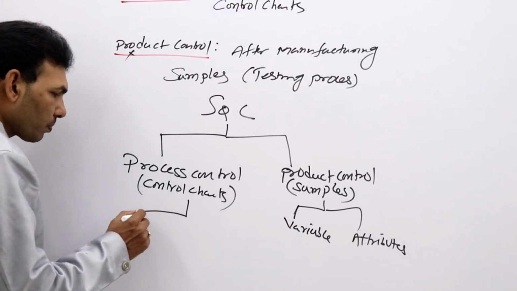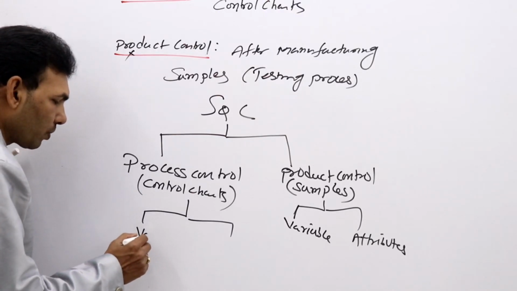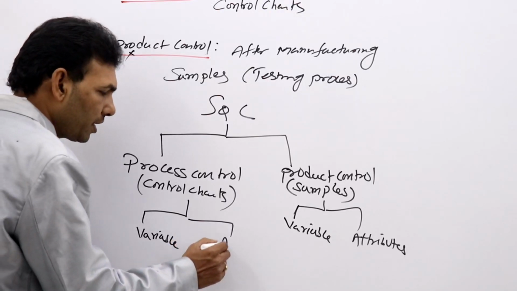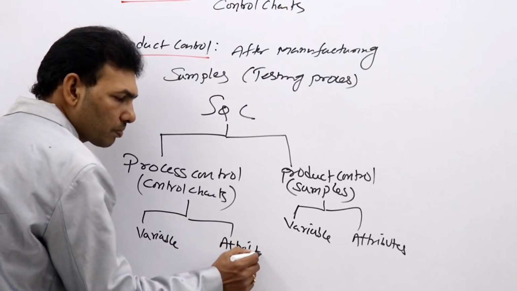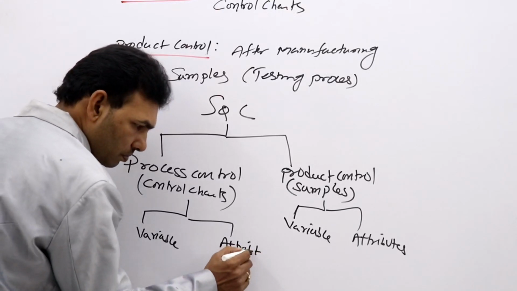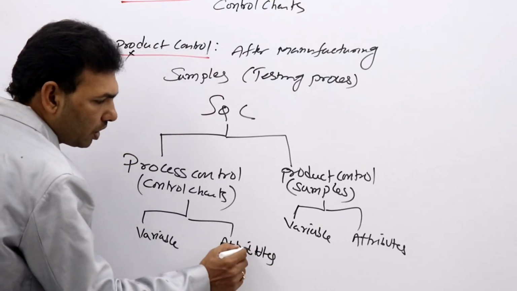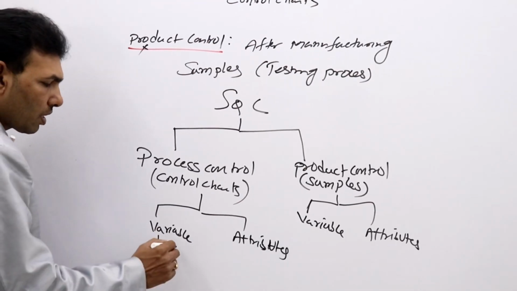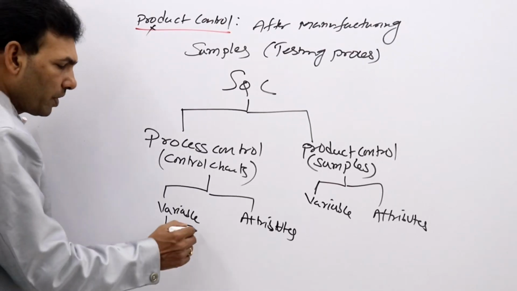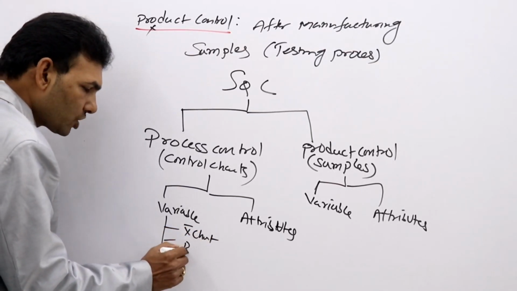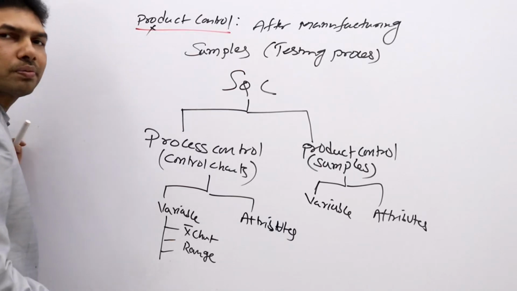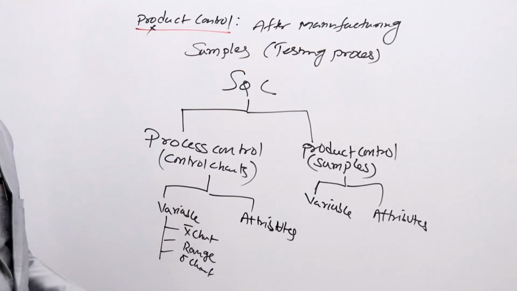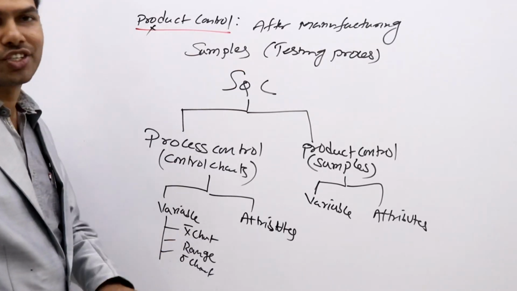So here also control charts are classified into two ways, variable charts and attribute charts. Variable charts are like this: mean chart, X bar chart means mean chart; range chart, R chart; sigma chart, SD chart, standard deviation chart. Mean chart, range chart, SD chart.